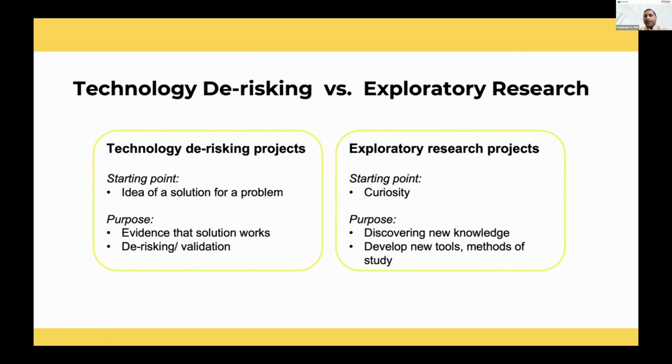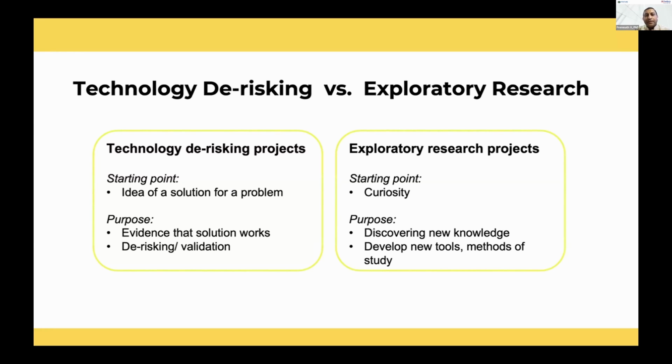It starts from an idea of a solution to a problem, and the purpose is essentially to create evidence that the solution works, and to de-risk and validate it. So this should be the primary focus. Sometimes people get caught up in what they're used to doing when writing a DBT, DST kind of proposal.